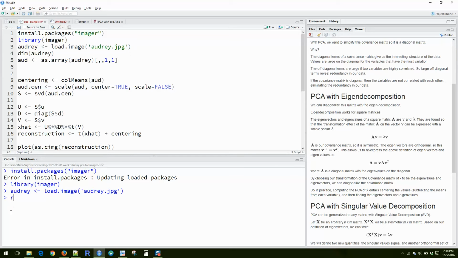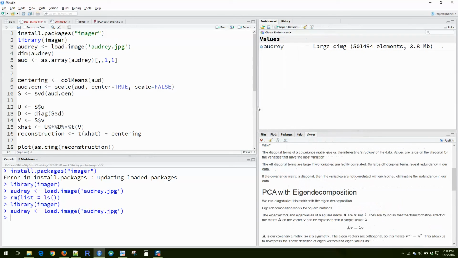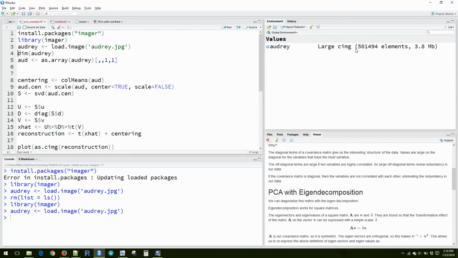Actually, let me clear out my workspace. All right, in my environment, when you load it, it turns the image into an array, okay?